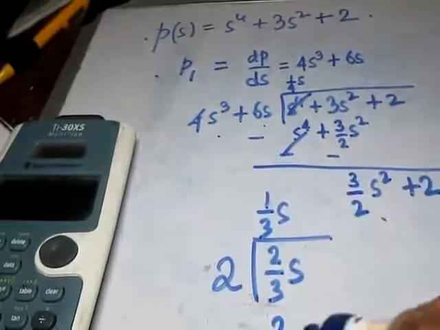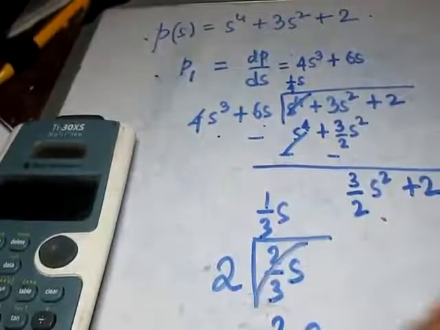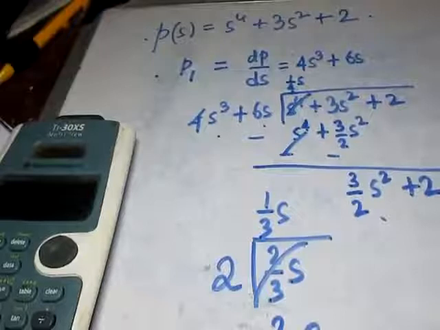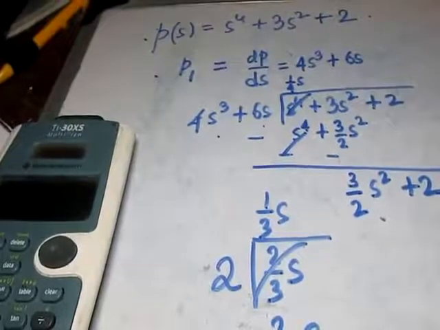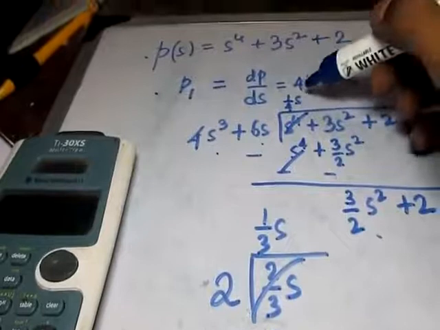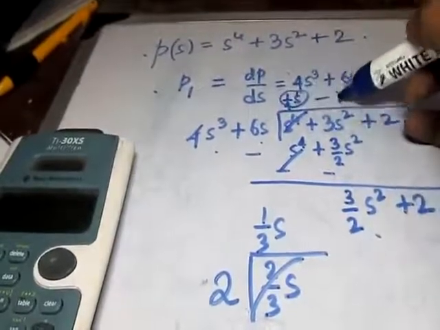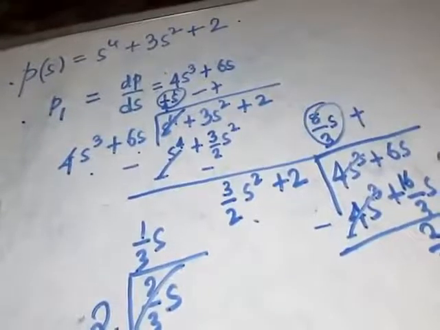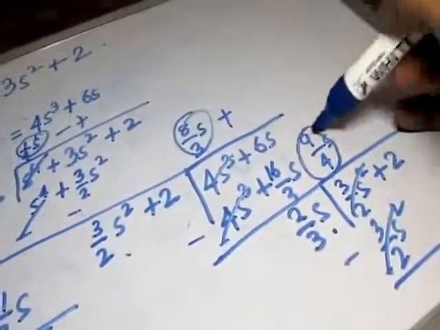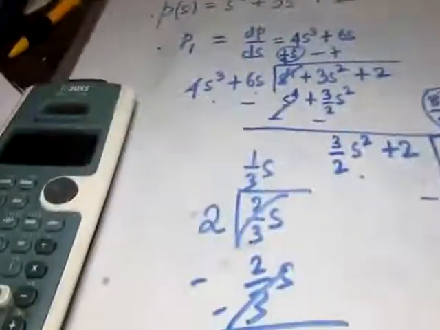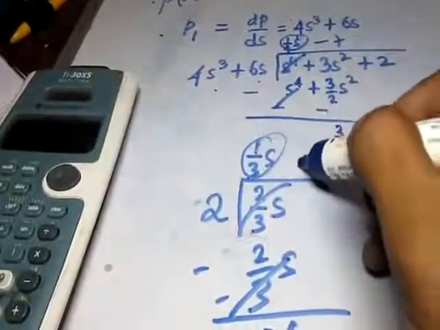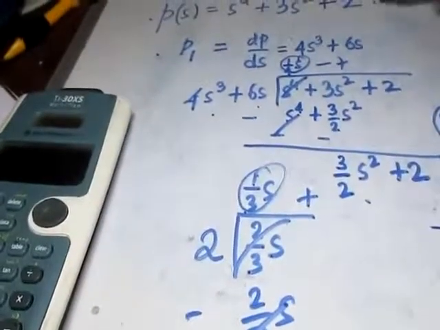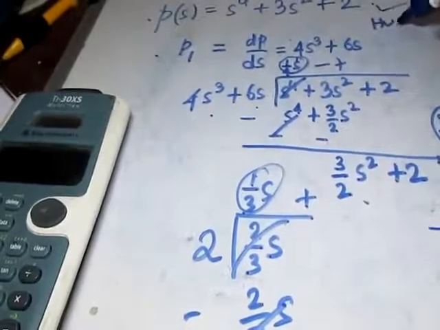That's 2/3. Now we will check first that this one is positive, this one is positive too, this is positive, and this is positive. So this is a Hurwitz polynomial.